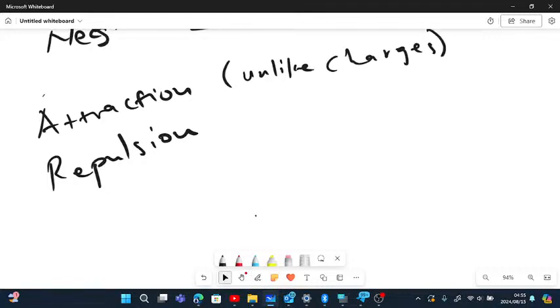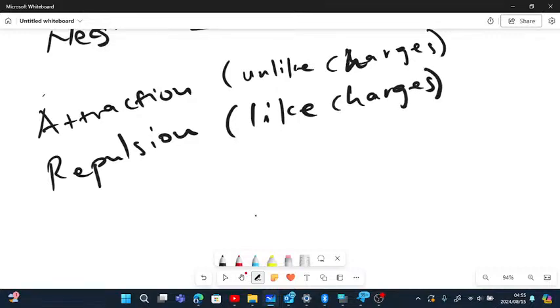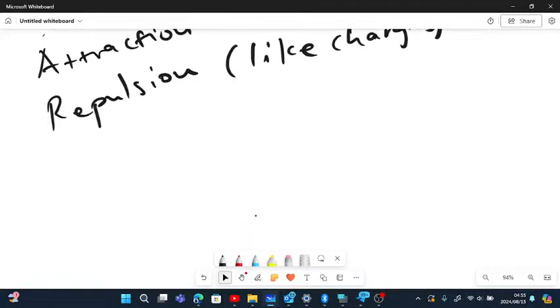So whenever we have unlike charges, they will always attract. But what we also know is that like charges repel. So whenever we have two like charges, they will repel each other. So what do we mean, guys? This is what we mean.